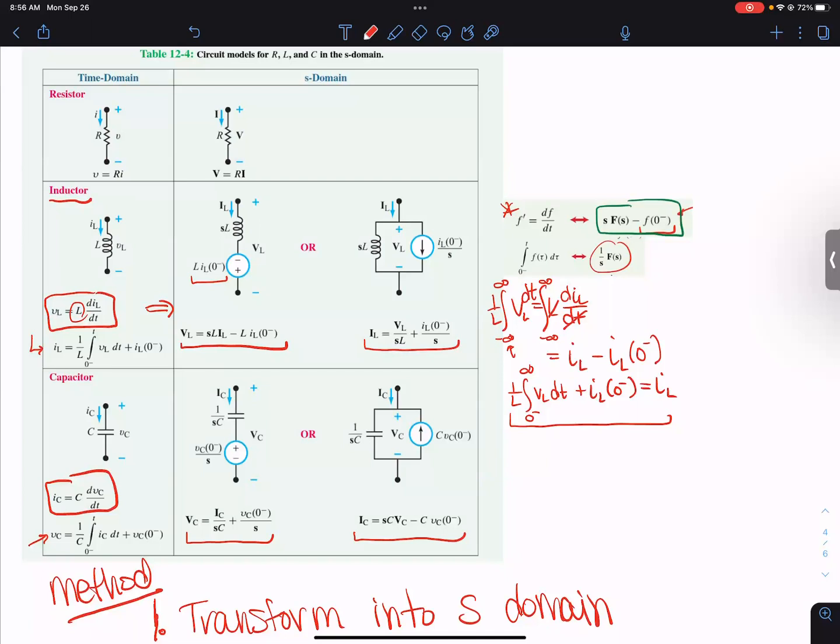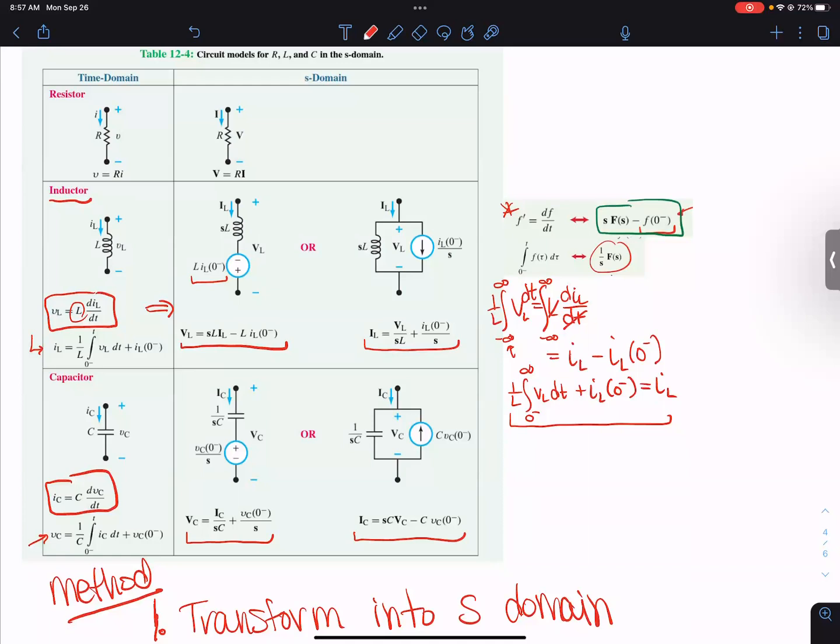Again, it depends on your external circuit and what seems to be the easiest form for you to solve from there. And it makes it much easier if your initial conditions are 0 for either one, because then it just reduces down to SL for the inductor and 1/CS for the capacitor.